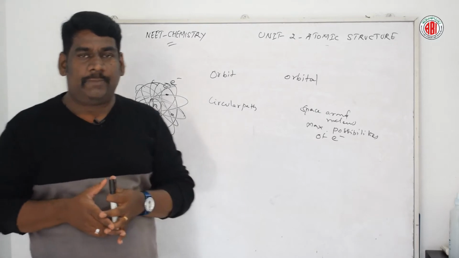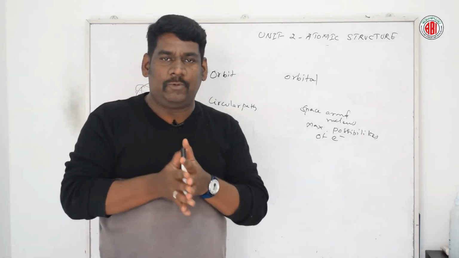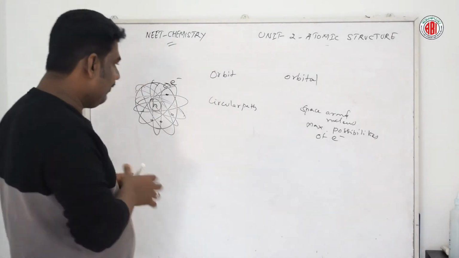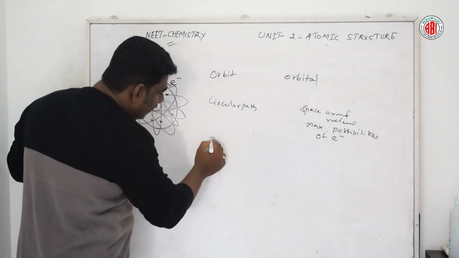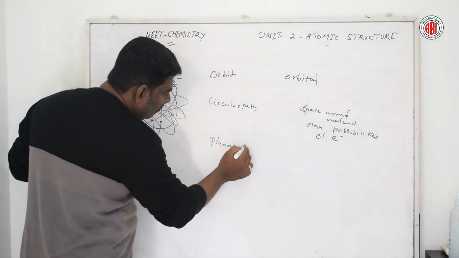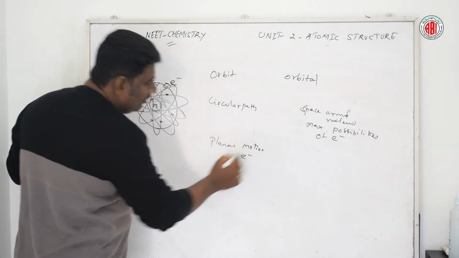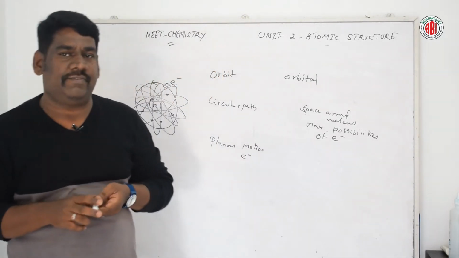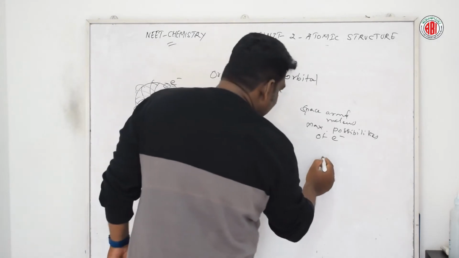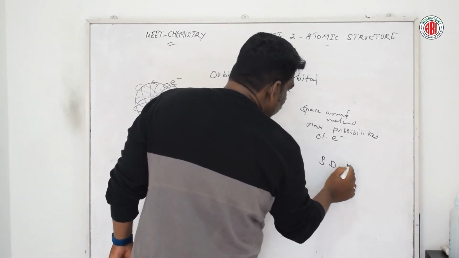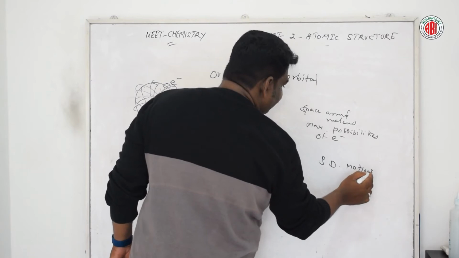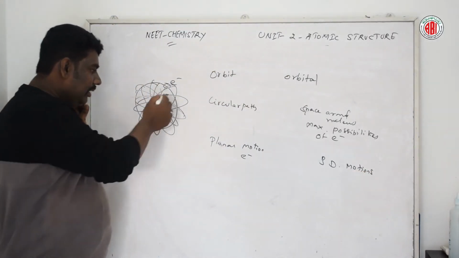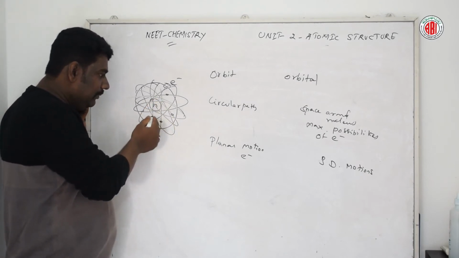Next, an orbit represents the planar motion of an electron, the perfect path. An orbital represents the three-dimensional motion of an electron, because according to the uncertainty principle, the electron can be found anywhere around the nucleus.